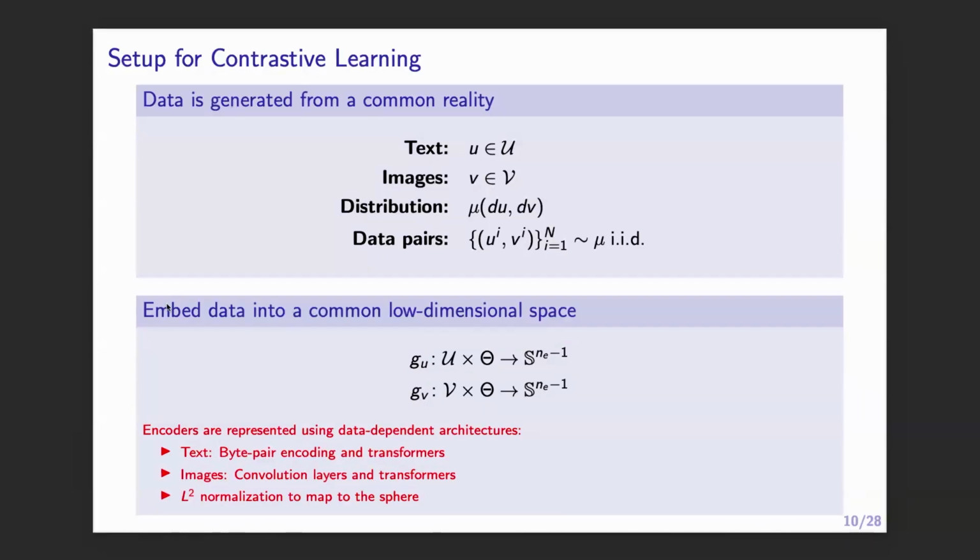In particular, we're going to look for encoders g_U and g_V that map from the space of text and images into a common, typically low-dimensional embedding space of dimension n_e. Now, there are typically a lot of different architectural choices made for these encoders depending on the type of data that we're working with. I'm not going to focus on that today. We're just going to focus on trying to understand what exactly is computed when we look for these encoders at the functional level.